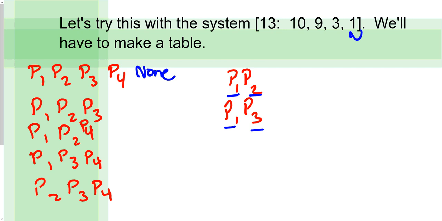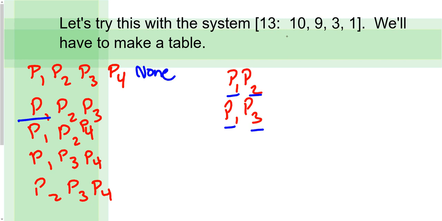The 9 is not either because the 10 and 3 would be left, so that one is not critical either. But the 10 is a critical voter because if the 10 drops, and we already know that the 1 voted no, then the 9 and the 3 cannot pass the motion. So in this situation, the 10 is what we call a critical voter.